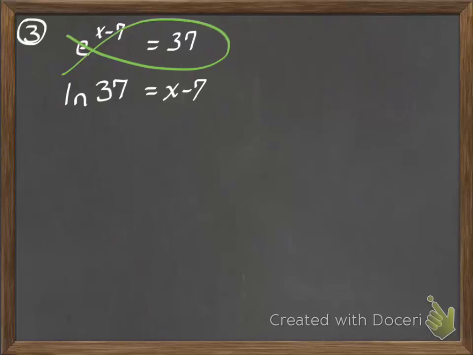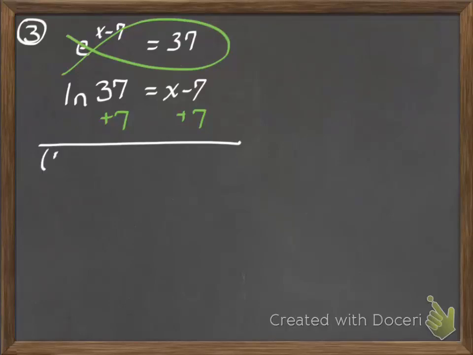Now, how will I get x by itself? What do I need to do? So does this become ln of 42? No. We're adding it to the natural log. So that natural log of 37 is actually a number. We're adding it to that whole thing.